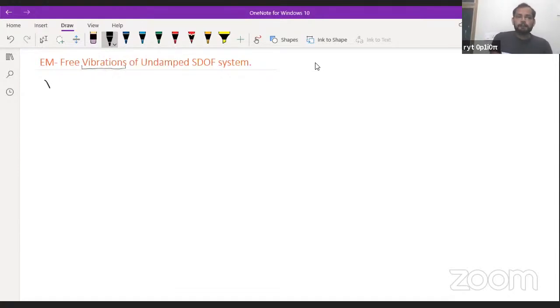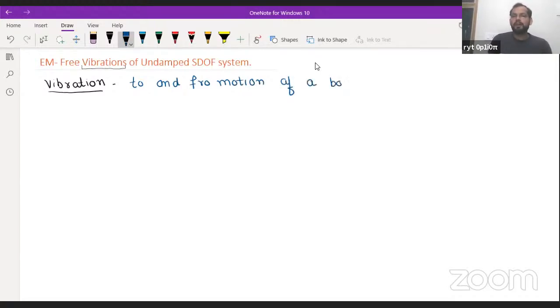So vibration is nothing but the to and fro motion of a body about its mean position.